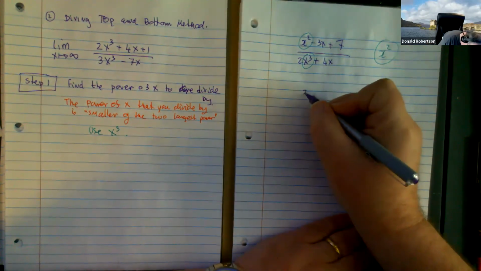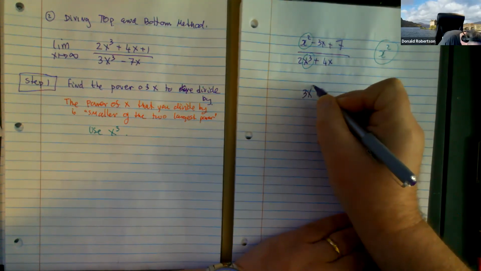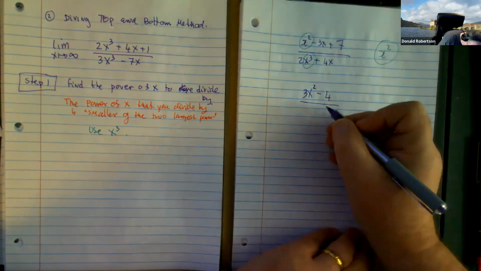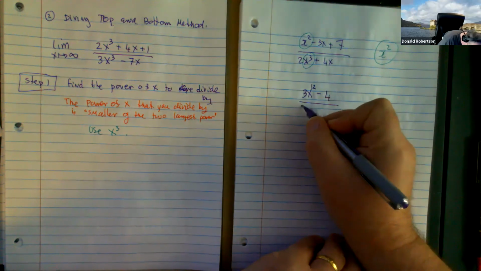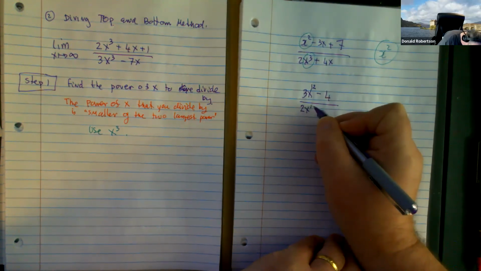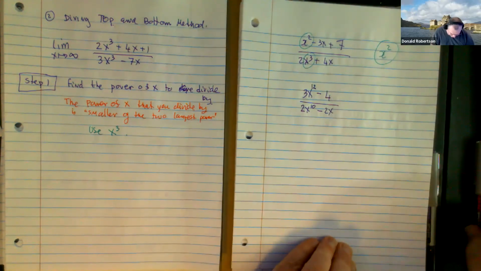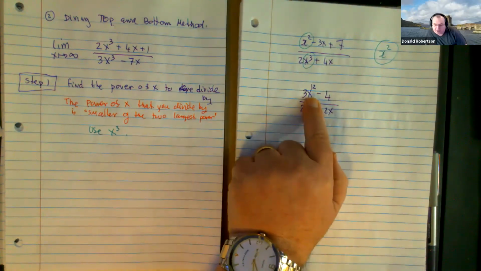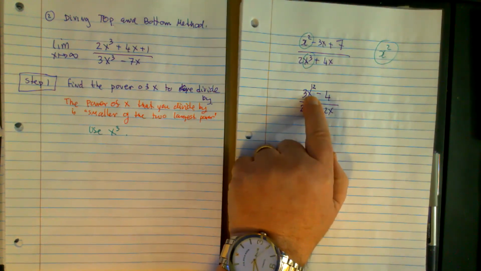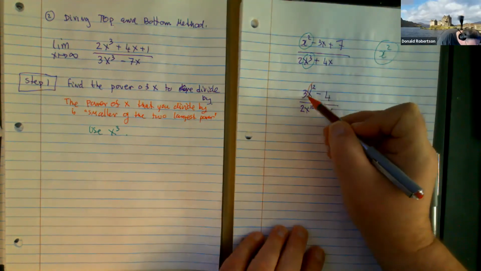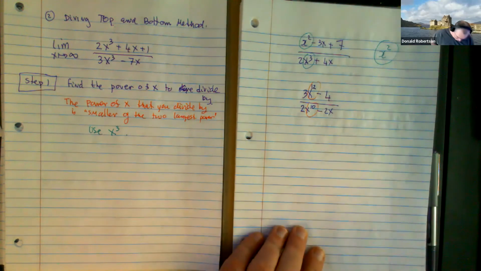If I had 3x squared minus 4, I'll make it 12, more interesting anyway, over 2x to the 10 minus 2x. If I had that, biggest power x to the 12, biggest power x to the 10. So it's between these two that I'm going to choose.